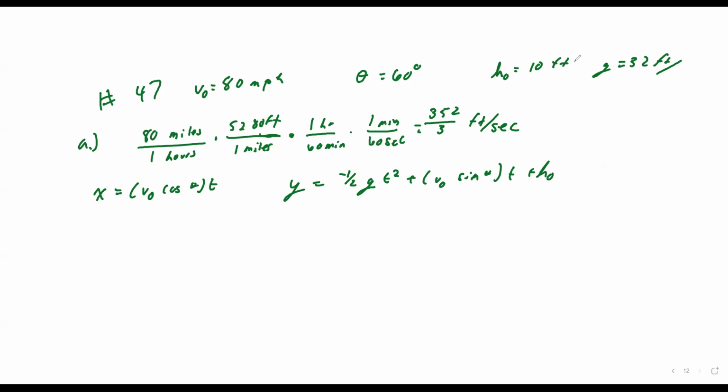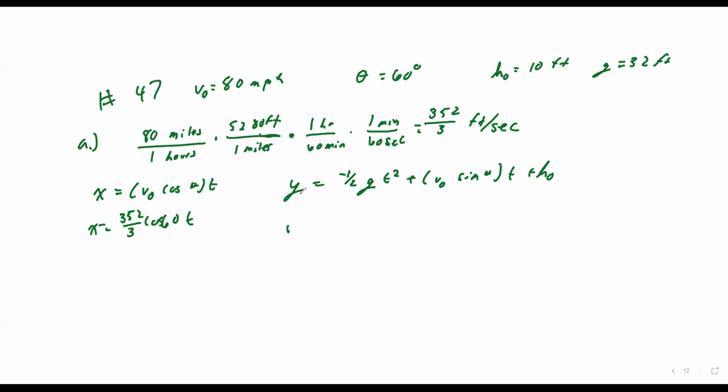I think it's like per second or something like that. But we'll say 32 feet for now. So therefore, x would equal 352 over 3 times cosine of 60 t. And then I think they want you to write that out in decimal form, most likely they do.